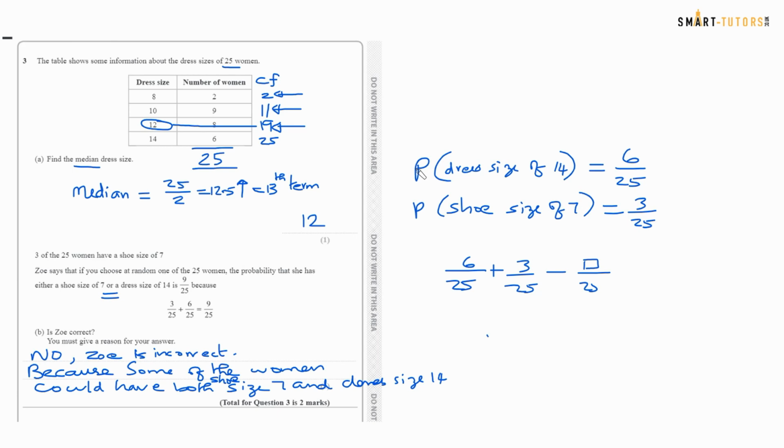So there may be like a common element you need to take away, which we don't have much knowledge of, how many people have both dress size 14 and the shoe size 7. So we don't have that information, so the 9 upon 25 is the wrong answer. 9 upon 25, take away the common element. So that is our final answer.